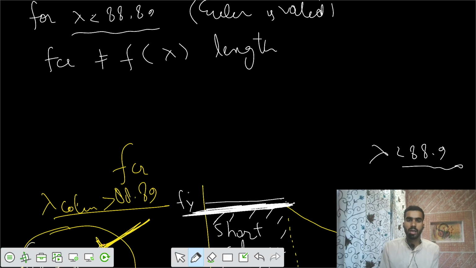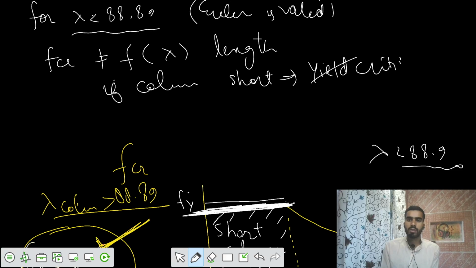So now if the column is short, the critical stress is a function of the yield stress, not a function of length.